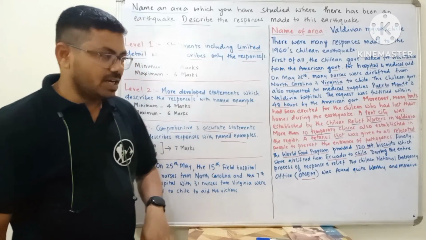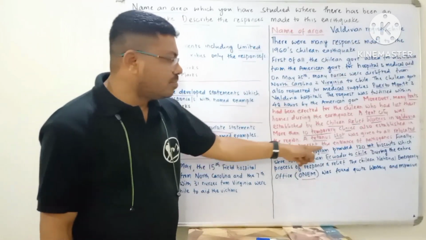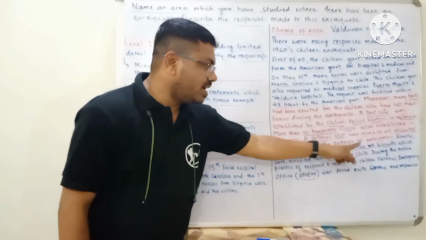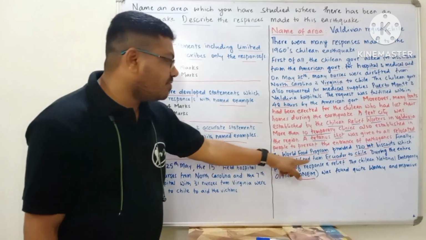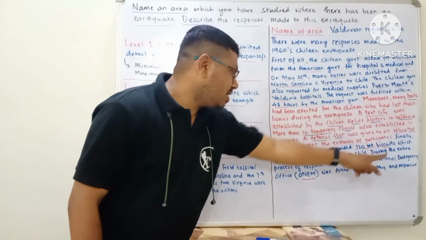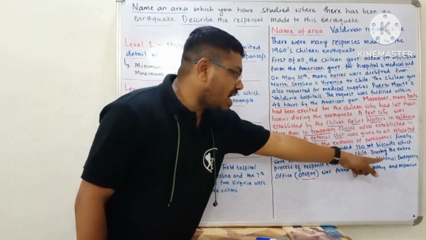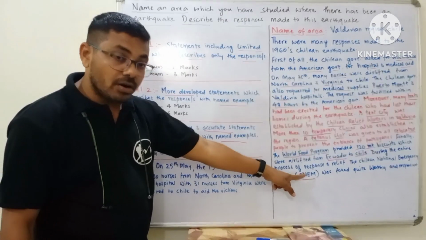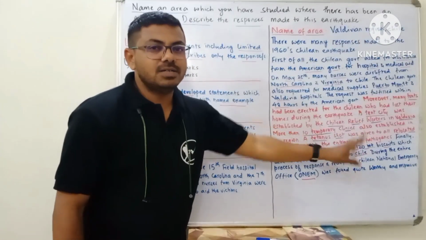Now coming to the third idea. The third idea says that finally the World Food Program provided 120 metric tons of biscuits which were airlifted from Ecuador to Chile. During the entire process of response and relief, the Chilean National Emergency Office ONEMI was found quite worthy and responsive.